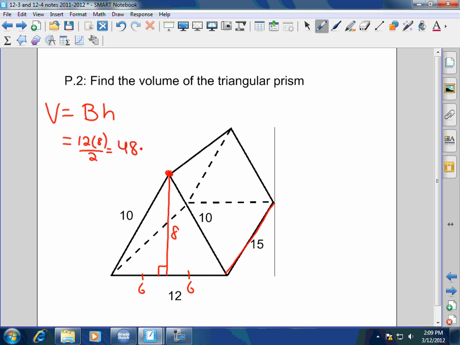Remember, the height of the polyhedron is from base to base, not the height of the base itself. So that's going to be times 15, correct? And then that's going to be 720 units cubed because it's volume. Does that make sense? Just out of curiosity, just for giggles, if I ask what's the surface area of this bad boy?